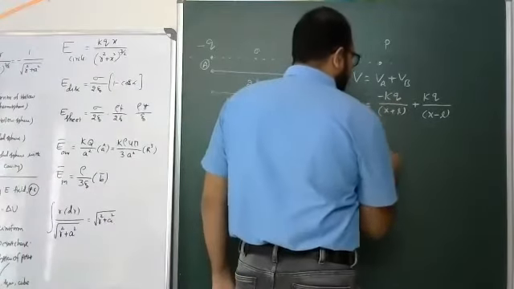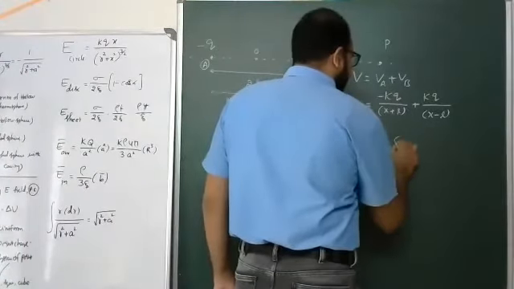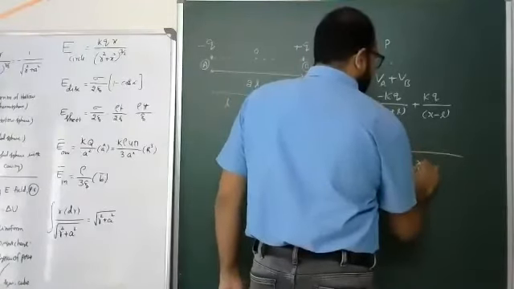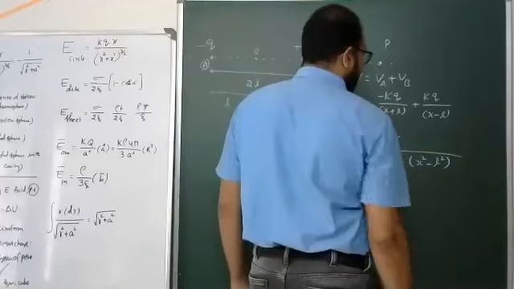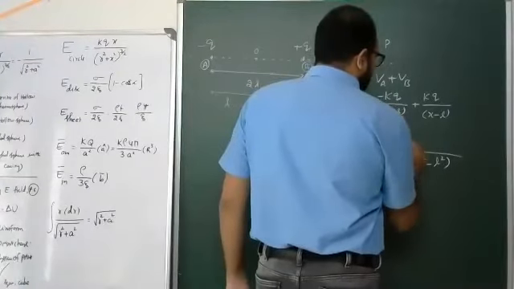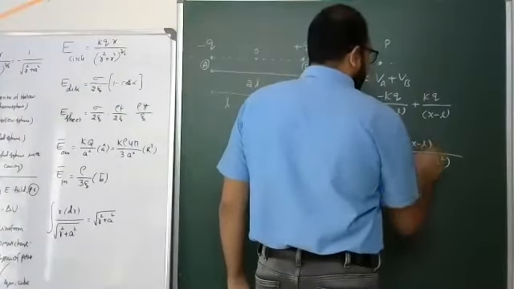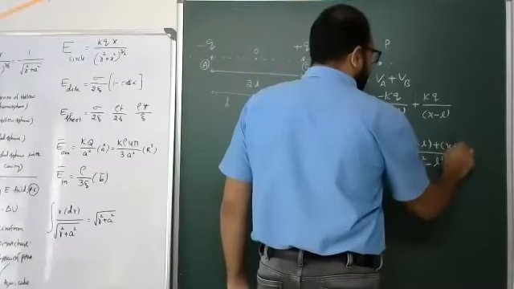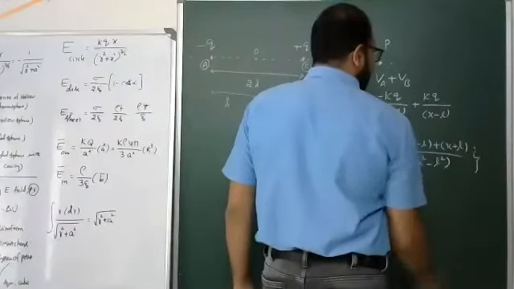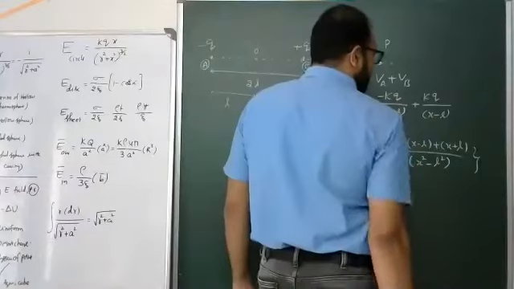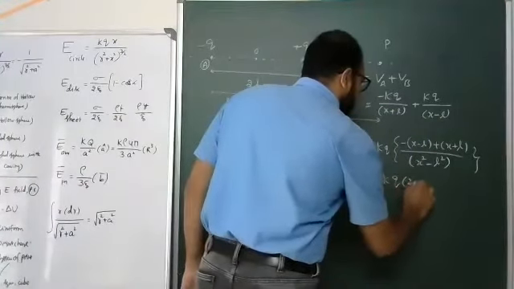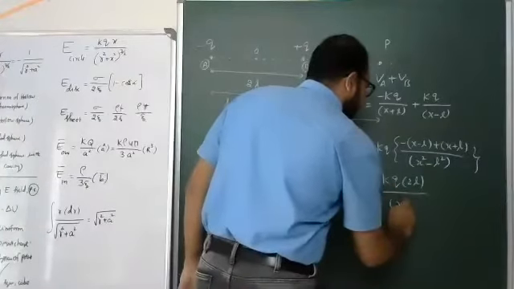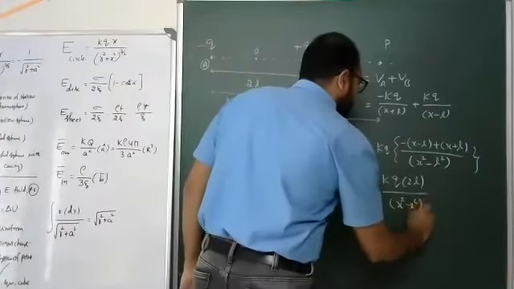Yes, here KQ, and x square minus L square in the denominator. Yes, minus of x minus L plus x plus L, x cancels. So students, K into Q into 2L divided by x square minus L square.